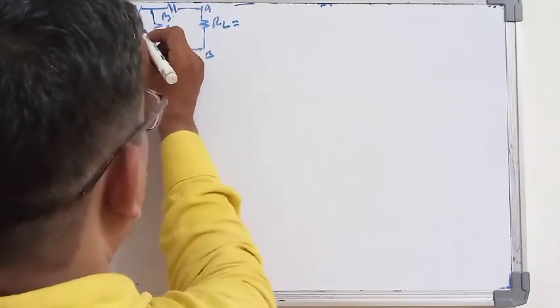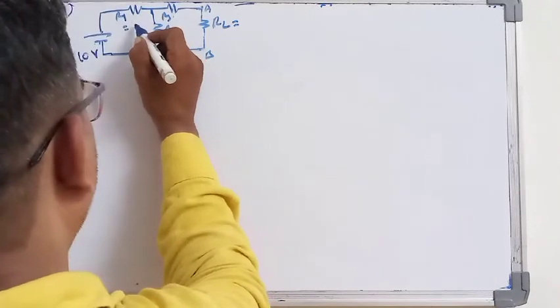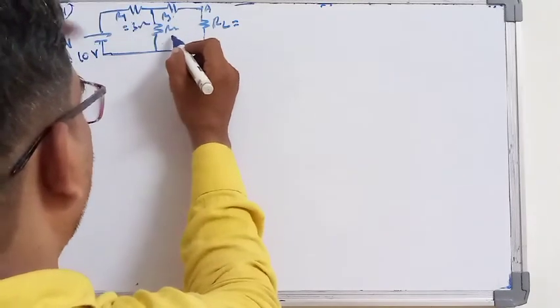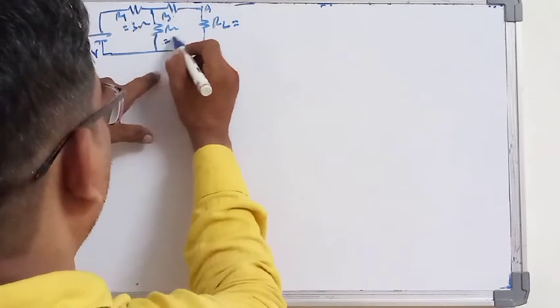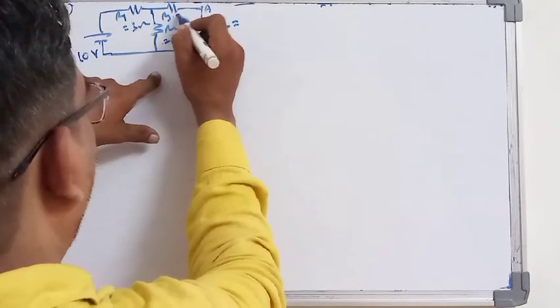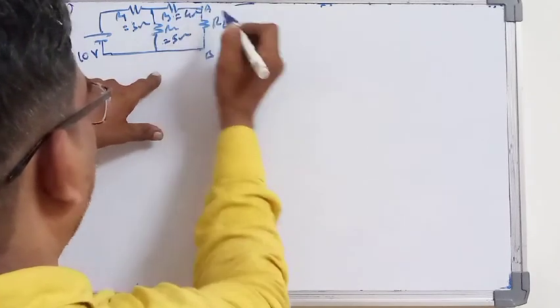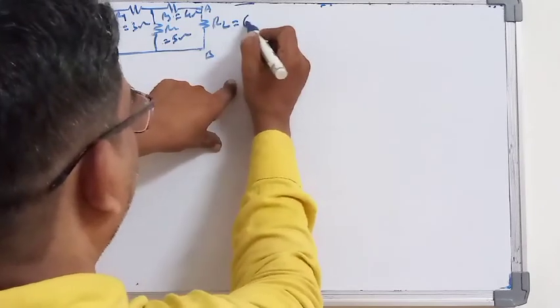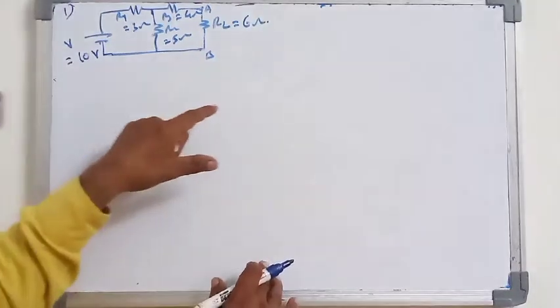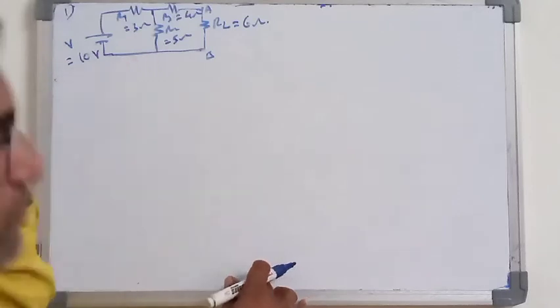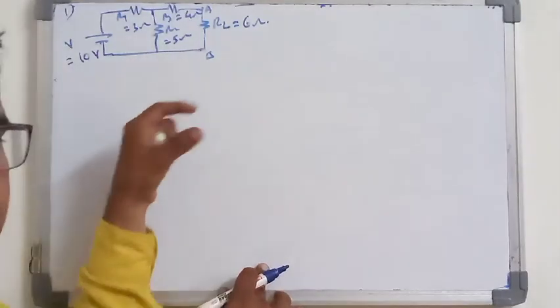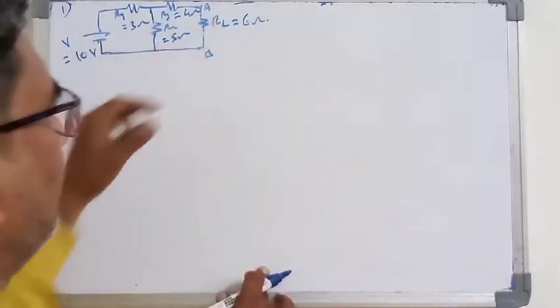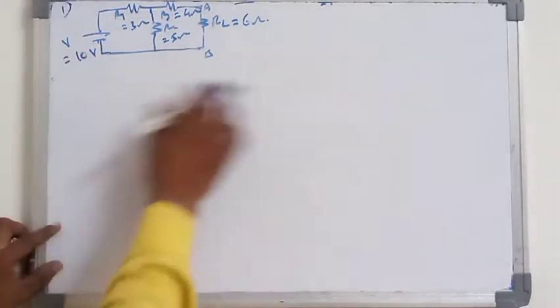R1, what will we take the value? 3 ohms. R2, we will take 5 ohms. R3, we will take 4 ohms, and RL, we will take 6 ohms. So these are the values. Okay, I have just considered the values, and then I will solve the problem.